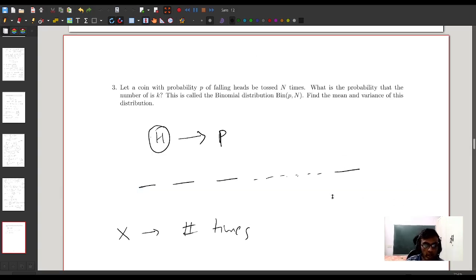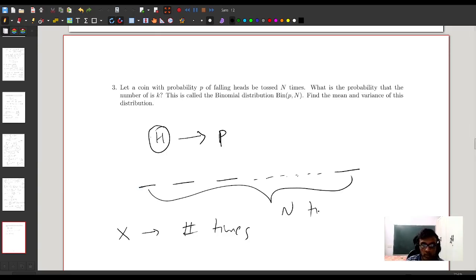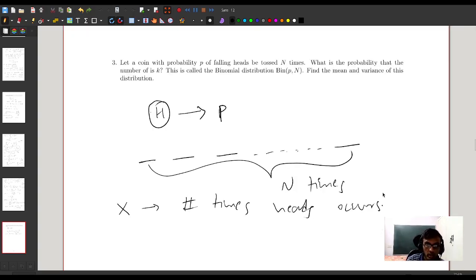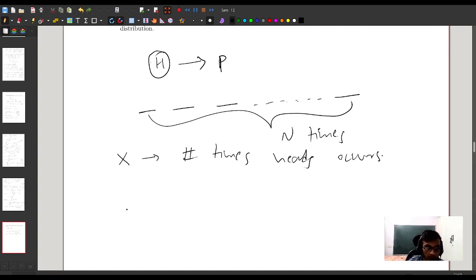Let me denote that this is n times. Number of times heads occurs or heads shows up.